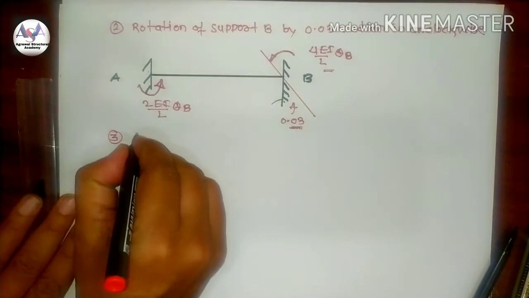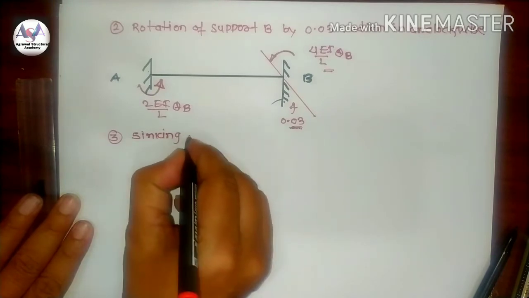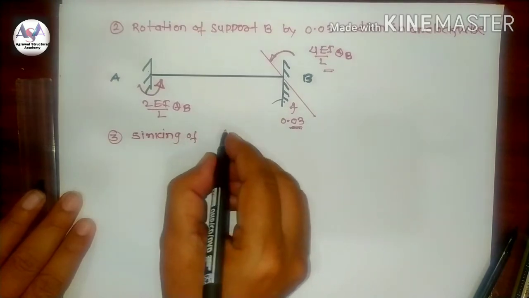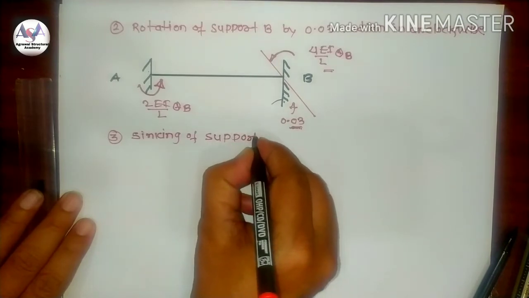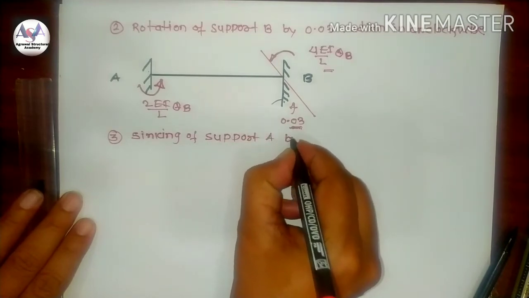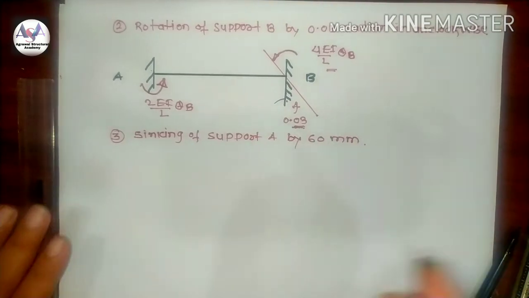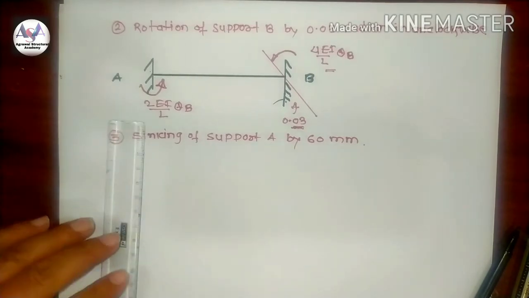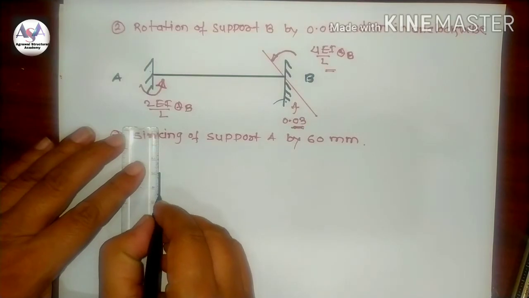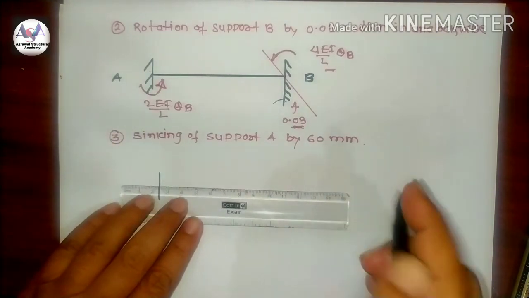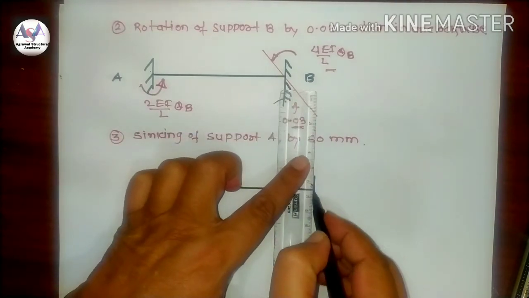That is the sinking or settlement of support A by 60 mm. Now suppose we draw a fixed beam like this.